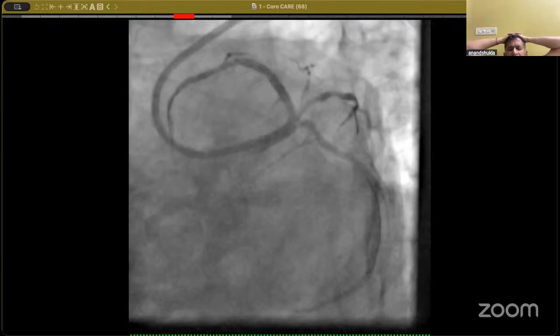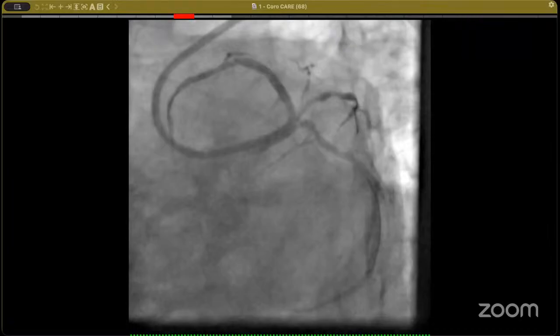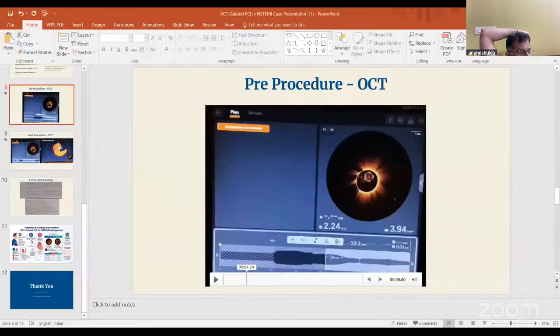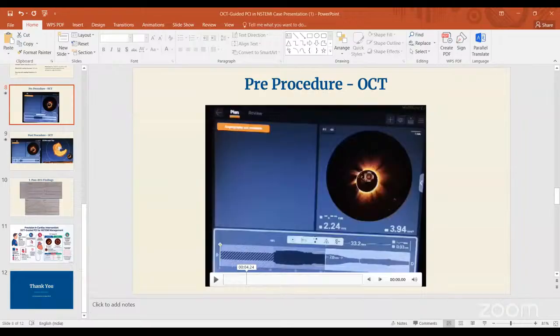Now our other faculty can give their comments on how this could have been done better, or their opinion regarding the end result. Sir, give me one minute, please stop sharing. We still have the PPT left, where we will be able to show the actual OCT pictures. I hope you are able to see the screen now.